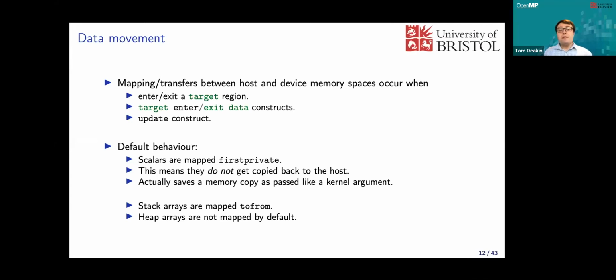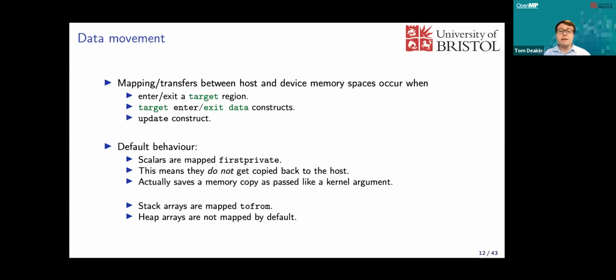So let's talk about the default behavior. OpenMP has a lot of implicit mapping between the host and the device. The default behavior when we start a target region is that any scalar variables are going to be mapped firstprivate. This means if you have any scalar values in your code outside the target region, inside the target region they're available.